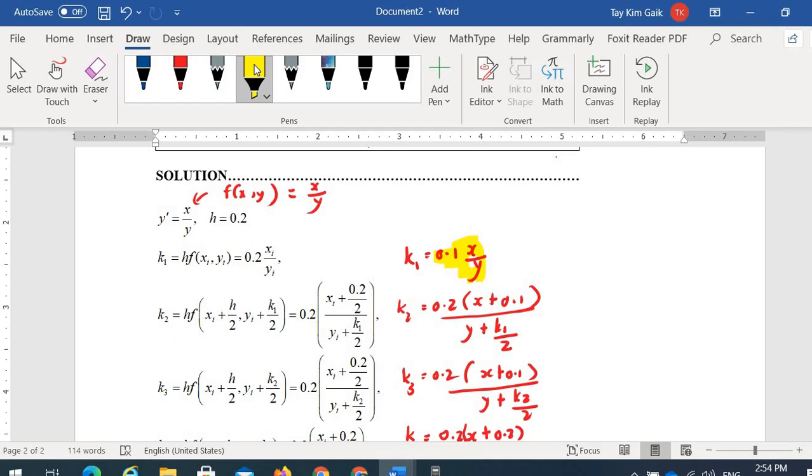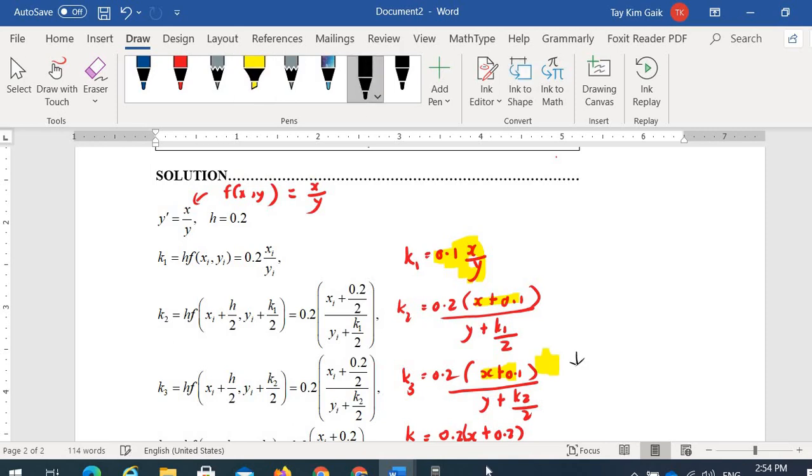So in this case, it's 0.1. Y is actually Y plus K1 over 2. So you input the value of Y plus the value of K1, divided by 2. And you get your K2. For K3, because the X value is the same and already input in K2, you just press down.